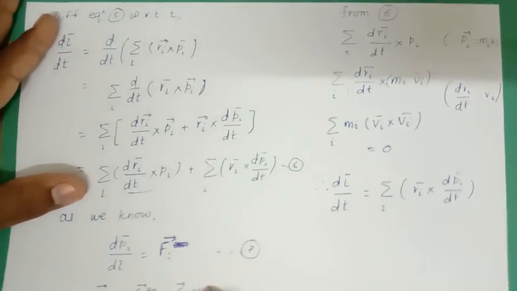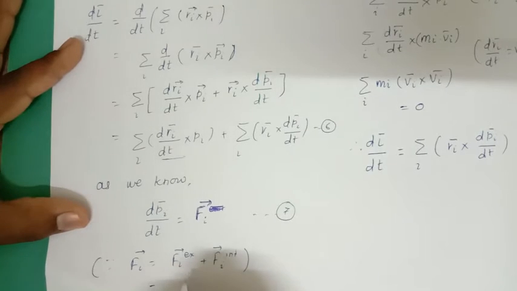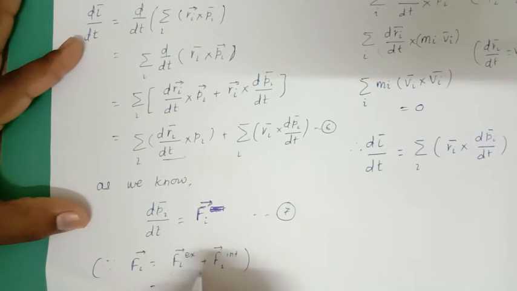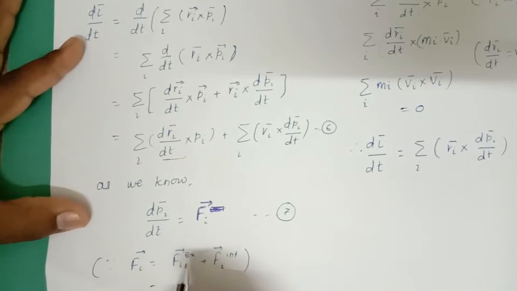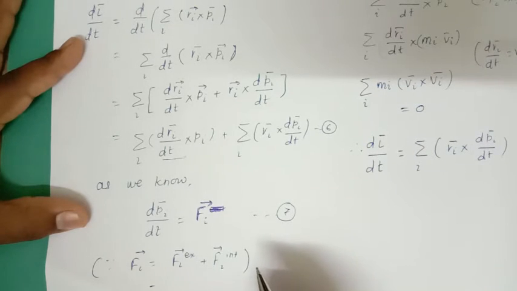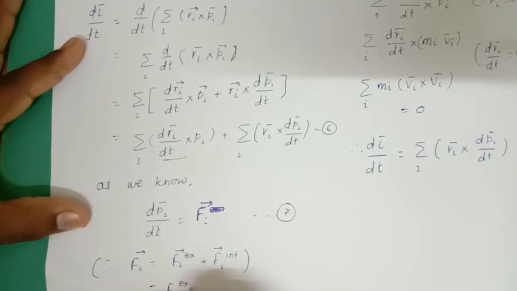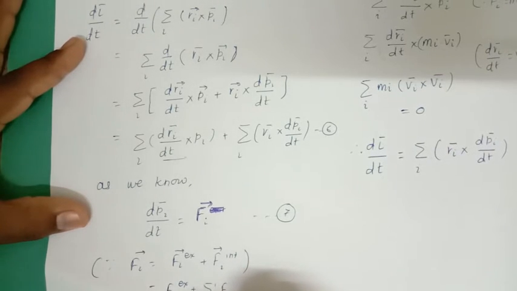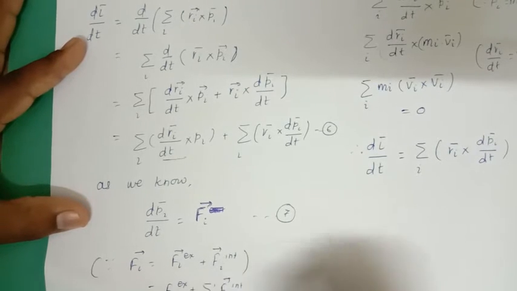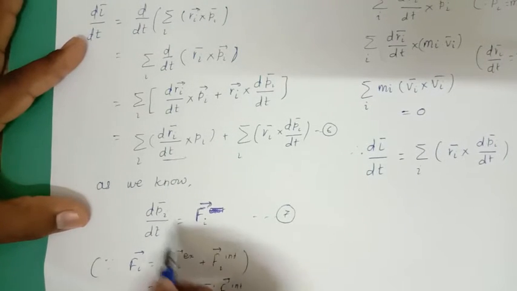So Fi can be written as Fi external plus summation over j prime Fij internal. You know why I have written this prime. So this was the story of the last lecture.